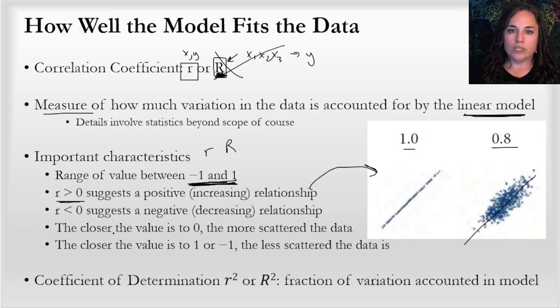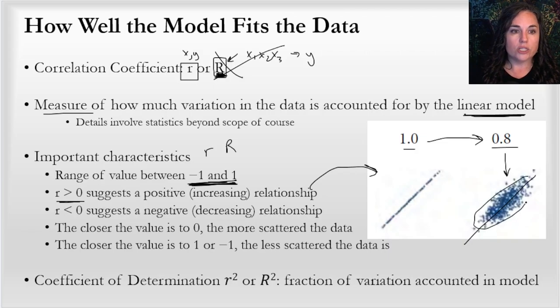The other thing I wanted to mention here, the closer the value is to 0, the more scattered the data. You can see that in this example I give here. 1 is a nearly perfect fit. It is actually, if you get 1, it is an absolutely perfect fit. That will never happen in the real world. You'd have to get like made up data to get 1. 0.8, you can see 0.8 over here.